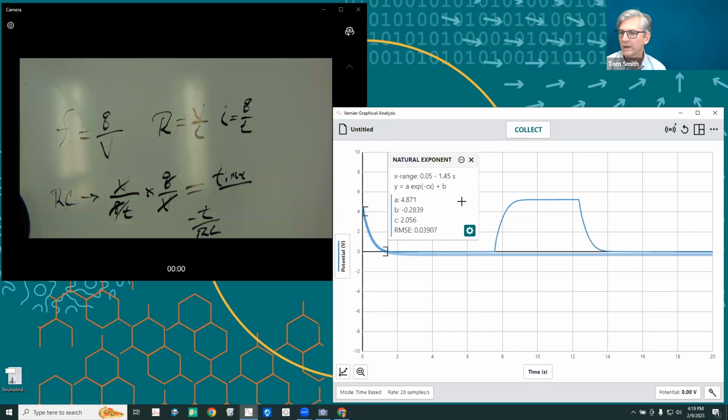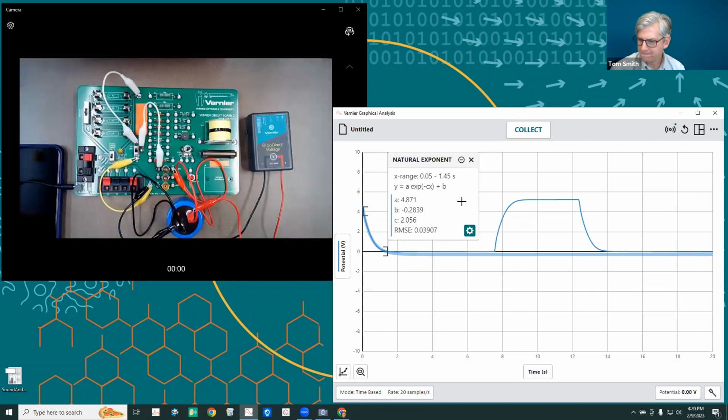When you're discharging that capacitor, there are only two components in it, the capacitor and the resistor, so their voltages have to be equal and opposite in order for Kirchhoff's laws or rules to be obeyed. So there's a more conceptual conversation you can have with your students at that stage.